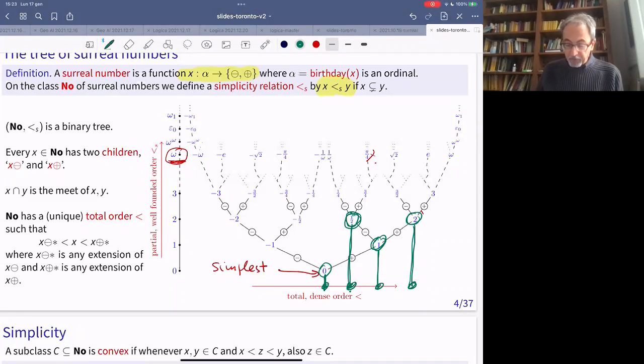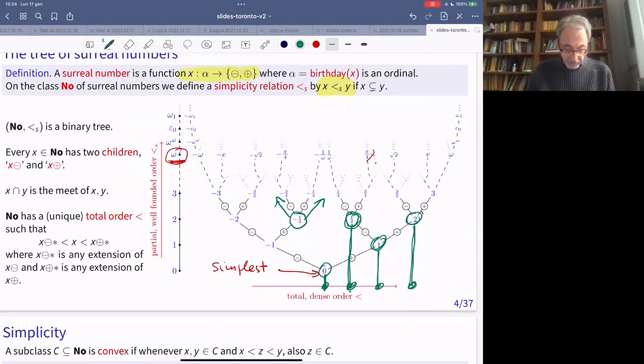More formally, you can define this total ordering in the following way. A surreal number X has two children, which are the immediate descendants, a left child called X minus and a right child called X plus. For instance, if you start with this one, minus 1/2, this is the left child and this is the right child.